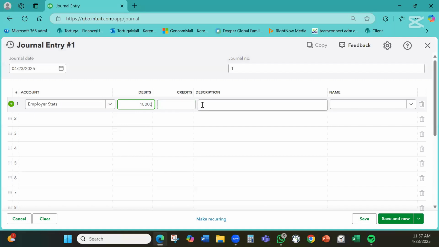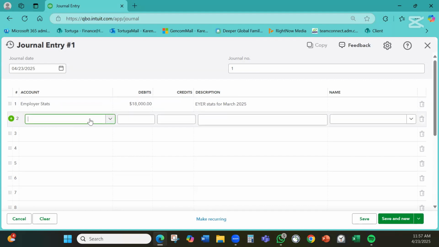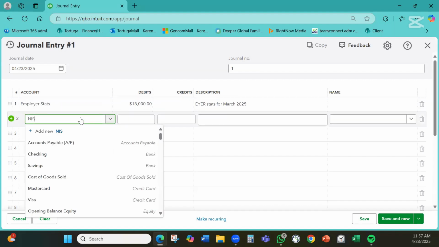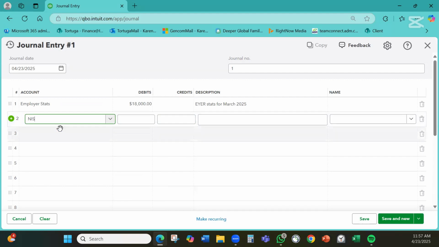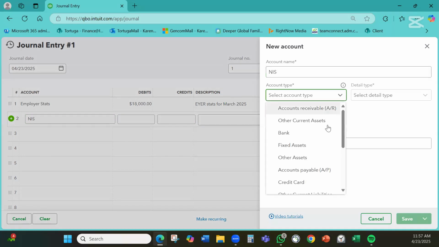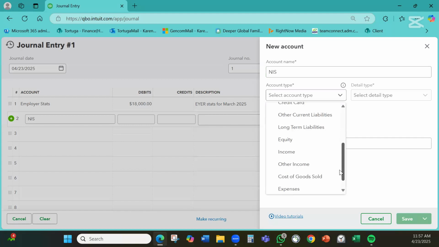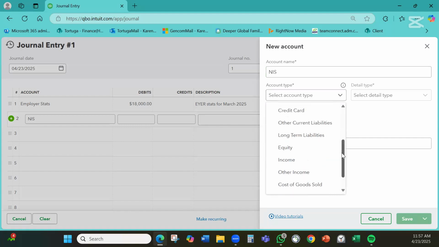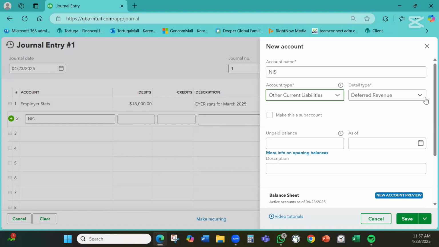You put that in, and that was the debit. And then we go down here now and we create the credit. And it's a liability because you owe the government. It's a current liability.